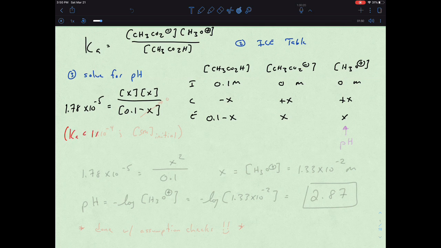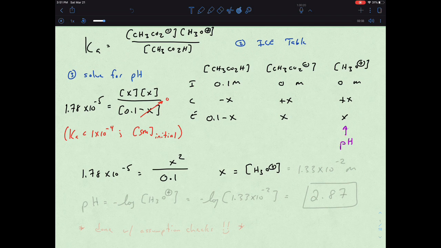Right, our Ka is less than 1 times 10 to the negative fourth, and we have that starting material initial. So we can make our assumption that x is small. And so that means our Ka is then equal to x squared over 0.1, or that x, which equals our hydronium ion.